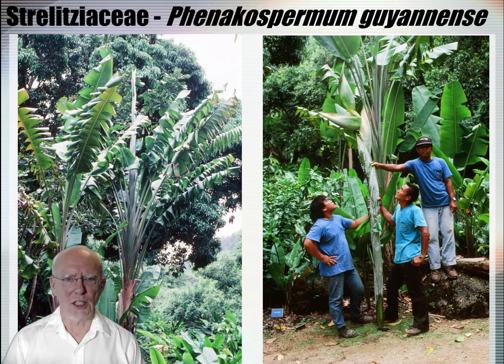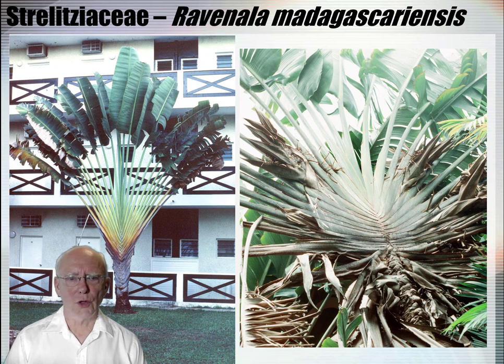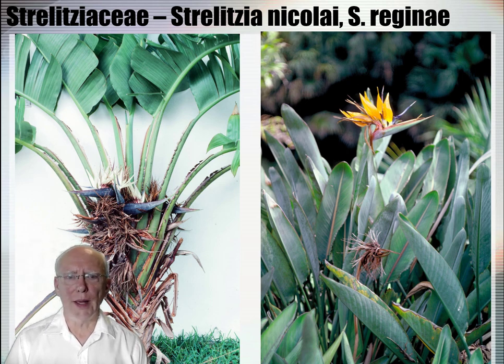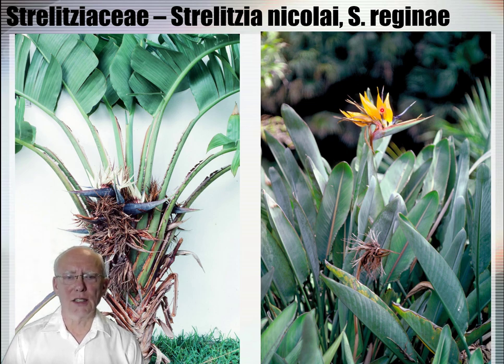The Strelitziaceae is a charismatic group of species, including such things as Phenakospermum, shown here, Ravenala, the well-known traveler's palm, and Strelitzia, of which there are 2 main groups, one consisting of large, almost woody herbs with lateral inflorescences, and the other rhizomatous herbs, a little bit smaller but certainly not small, with inflorescences that arise from the axils of the leaves and consist of a single bract, whereas things like Strelitzia nicolai have multiple bracts in their inflorescence.